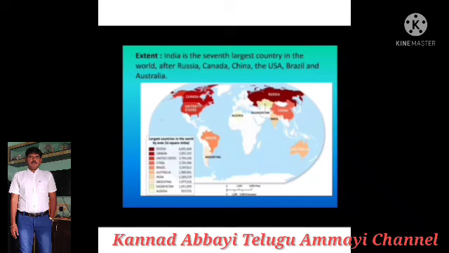Then what is the total area of India? India has a total area of 32,87,263 square kilometers.